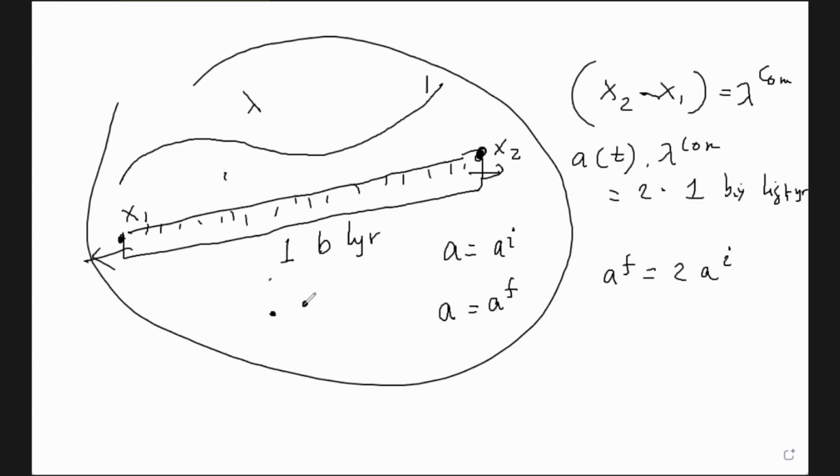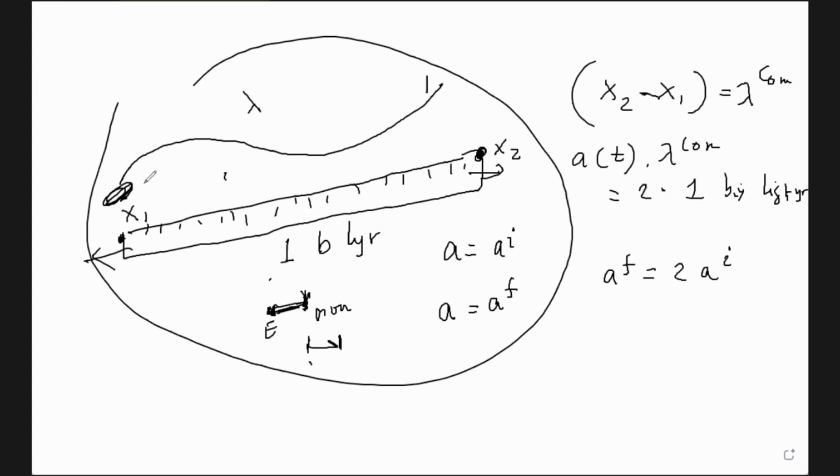Small distances, say in the solar system, the distance between Earth and Moon, will not change because gravity is so powerful here. It has already separated out from the expansion of space. So they will keep the balance. The distance between 2 atoms in a molecule will be the same. But large distances will expand, like the distance between 2 galaxies.